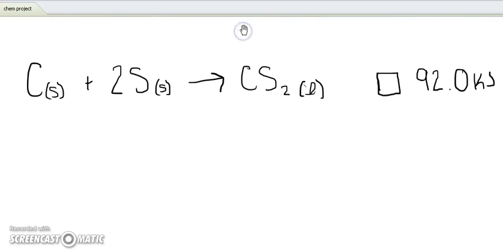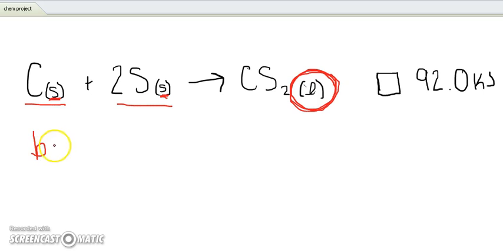In this reaction, it's a little bit tricky, but we've got solid carbon, solid sulfur, creating a CS2 liquid. This is our indicator here that it's going to be endothermic because we've got two solids forming a liquid.